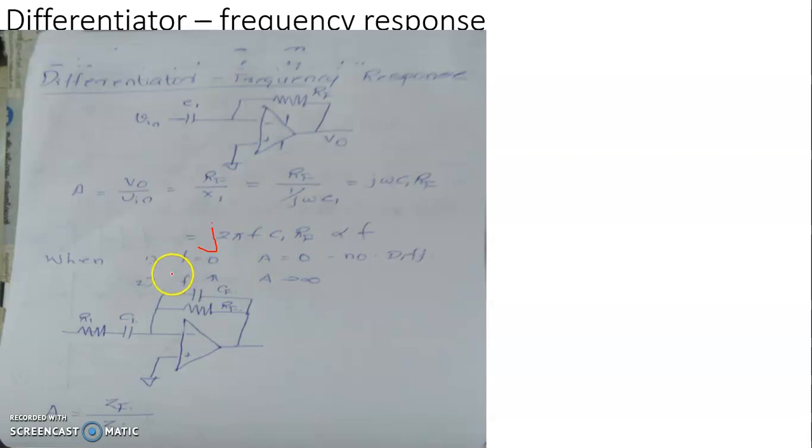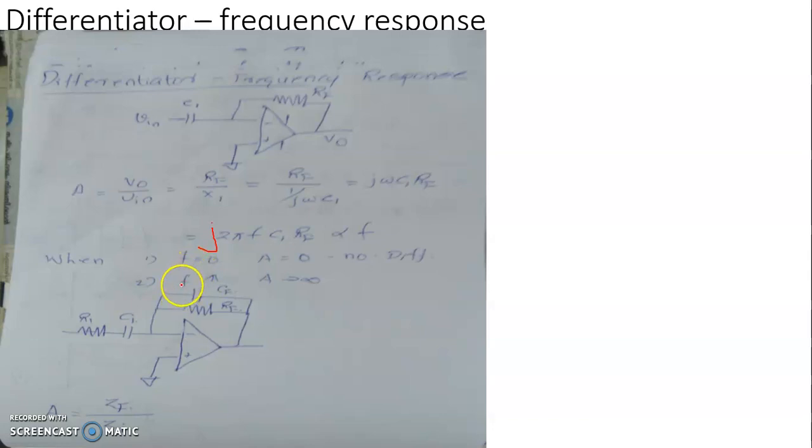The second case happens at very large frequency, and this will be dominant whenever you are operating the differentiating amplifier, because in the circuit there is scope for the occurrence of a high frequency noise signal.